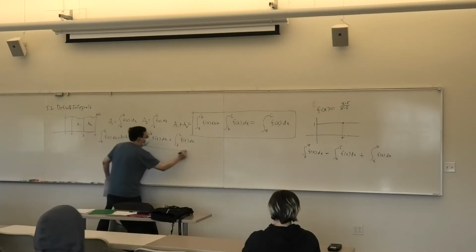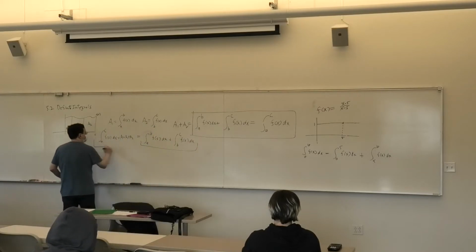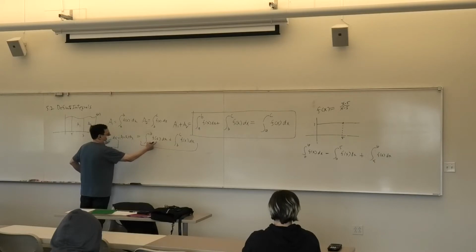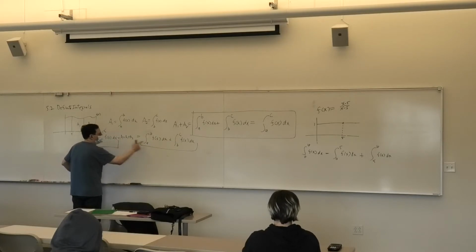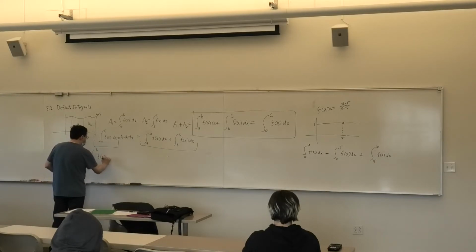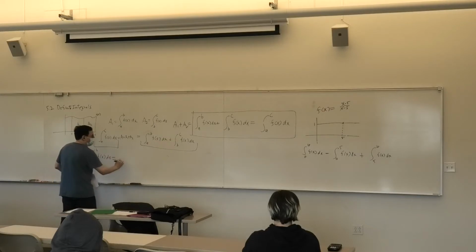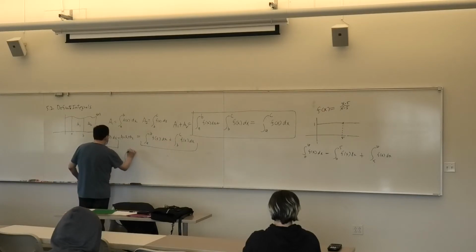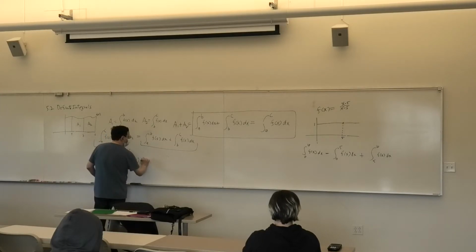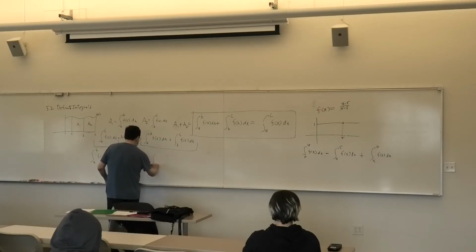I could rewrite this, moving this to the other side and moving this to the other side, as the integral from a to b of f of x dx is equal to the integral from b to c minus the integral from a to c.